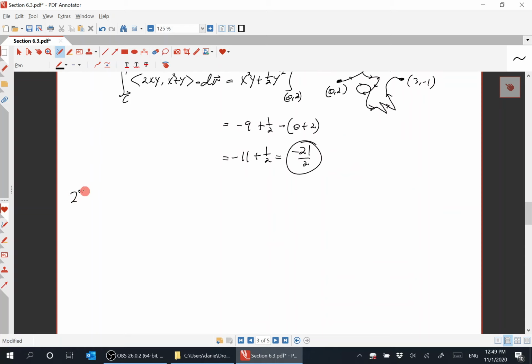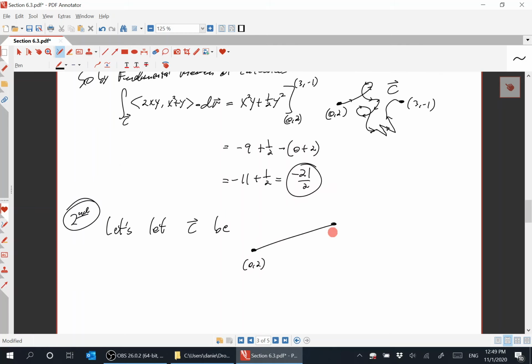So let's do the calculation again. And let's let C, we're actually going to use C this time, be the following. We have the points 0, 2, and 3, negative 1. I'm just going to take the line segment from here to here. And how do you parameterize that? Well, the vector between these two points is 3, negative 3.